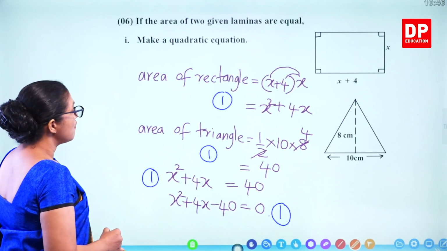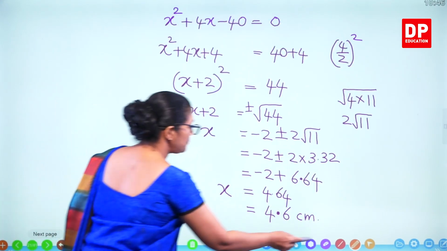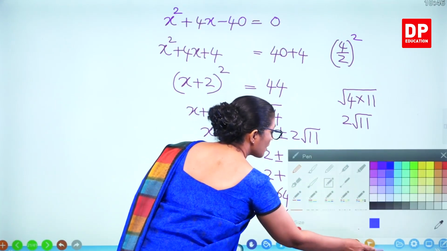So how can we give marks now? 1, 2, 3, 4 already given. 6 marks.